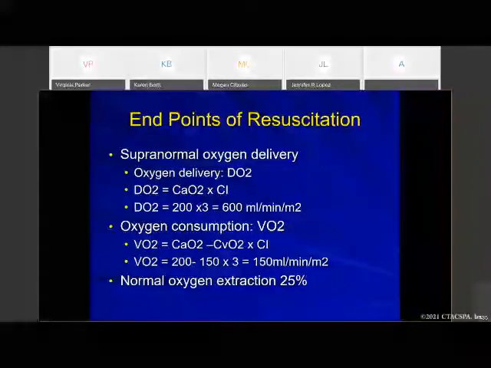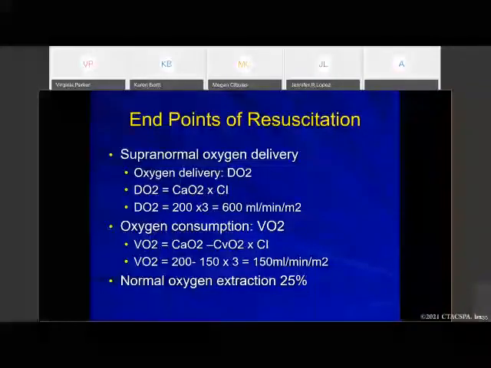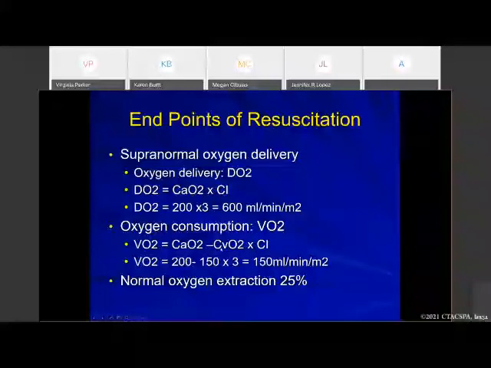So this is just looking at your oxygen delivery questions. Remember I said that if you want to increase your oxygen delivery, the only thing you can do is increase their cardiac output or increase their hemoglobin. So if you have a normal extraction ratio, which is your SaO2 minus your SvO2, you can get an SvO2 in a gas from your central line.